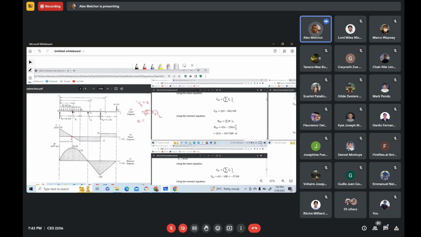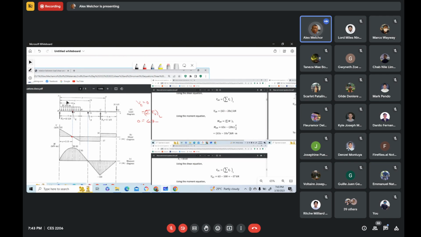So the left side of the equation is 0, and summing of forces vertical to the left of this section, we have that force acting upward, so positive, minus, consider that portion there. Now that has an area of x times 20.